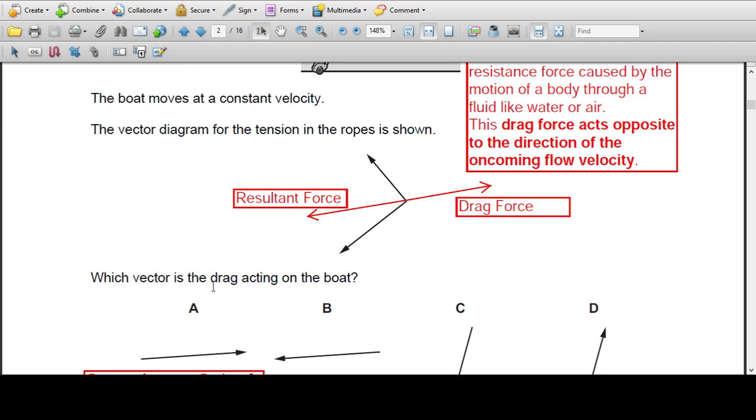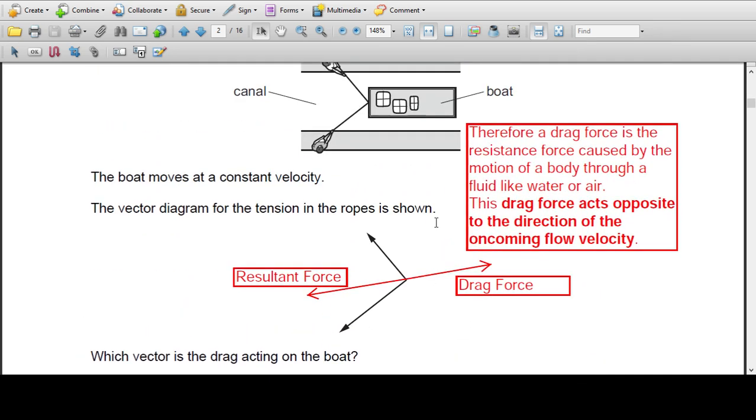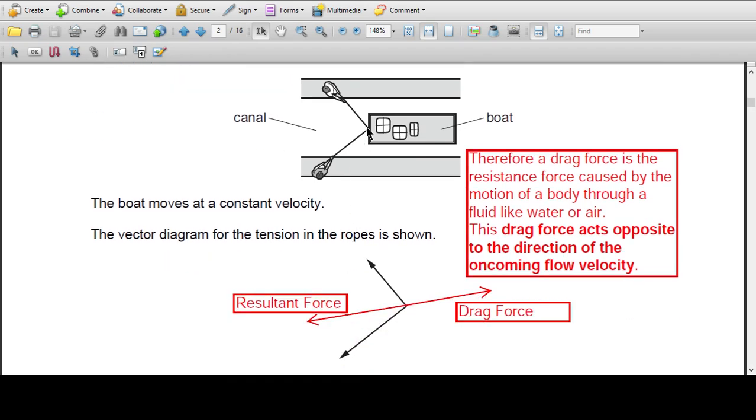Which vector is the drag acting on the boat? So these are the two vectors, and we are asked which vector is the drag acting on the boat. As a result of these two vectors, we have obtained this resultant vector.